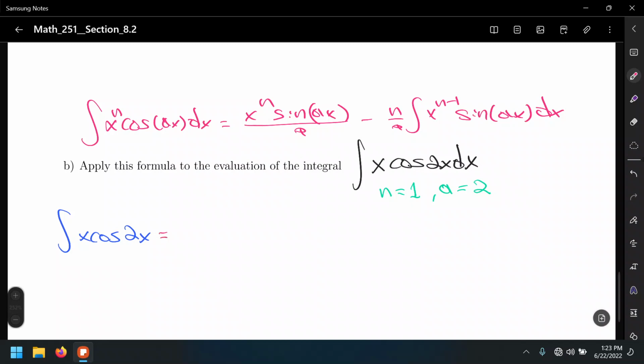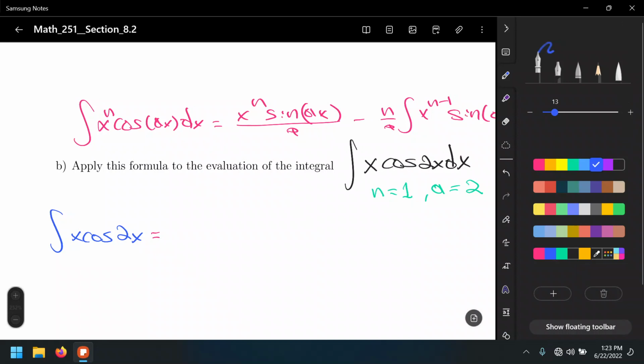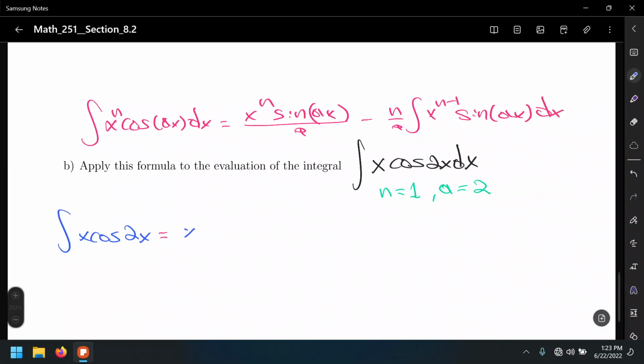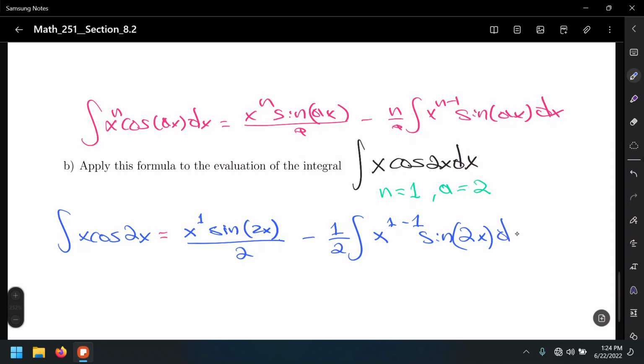All right. So this will be x to the n, which equals 1. I'm going to write that 1 just because, and sine ax, which in this case is sine 2x, and then divide the whole thing by a, which happens to be 2, minus n, which equals 1, over a, which equals 2, integral of x to the n, which is 1, minus the 1 from the formula, sine 2x dx.